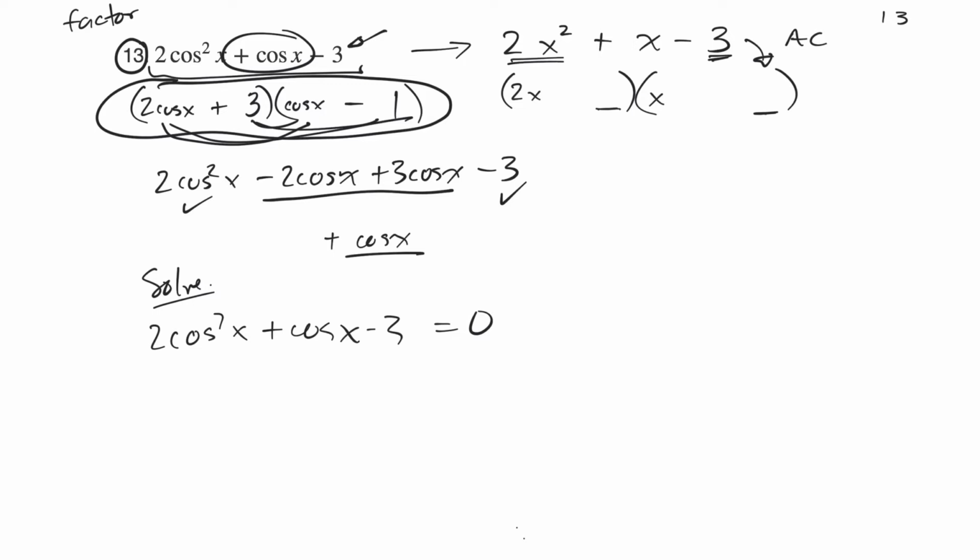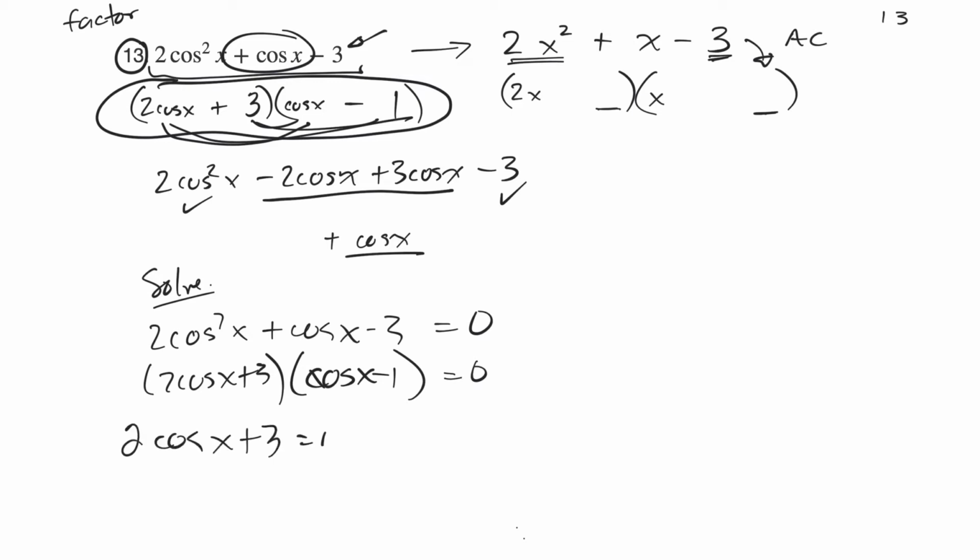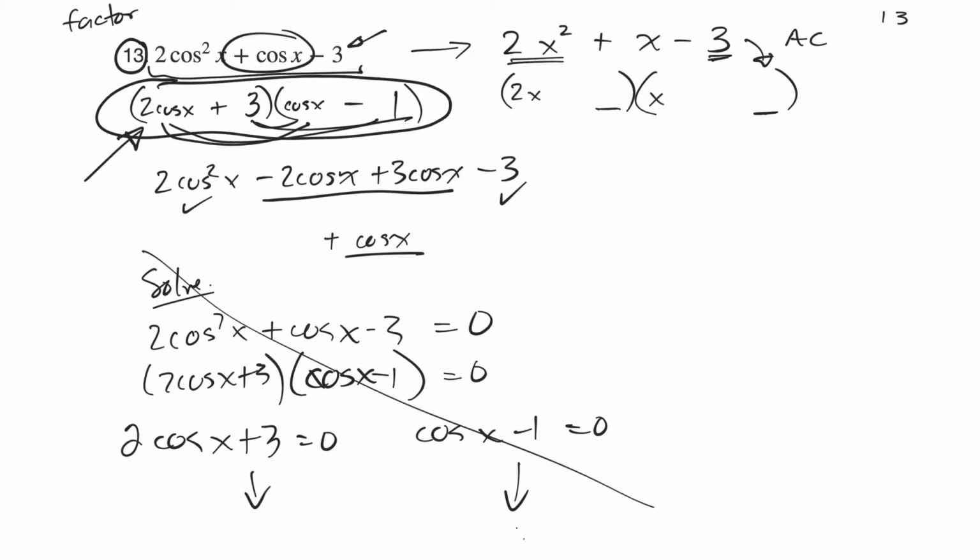And what you do at that point, if it were an equation, and they don't want it for this question, but if they were, then you take those factors, 2 cos x plus 3 and cos x minus 1, and set them equal to 0. So you'd have 2 cos x plus 3 equals 0, or cos x minus 1 equals 0, and then you'd solve each one of those equations. They didn't want you to do that for this question, though. All they wanted was the factor.